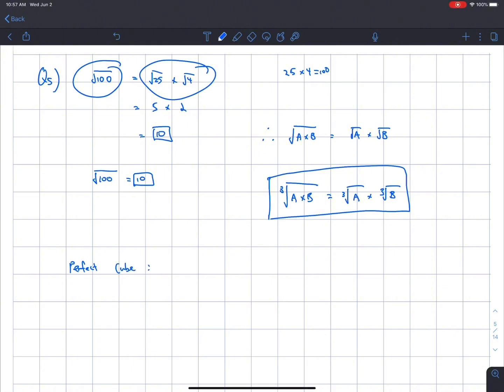The first few that you need to memorize: the cubic root of 8 is 2. This is because 2 times 2 times 2 equals 8, right? The cubic root of 27 is 3, because 3 times 3 times 3 is 27.